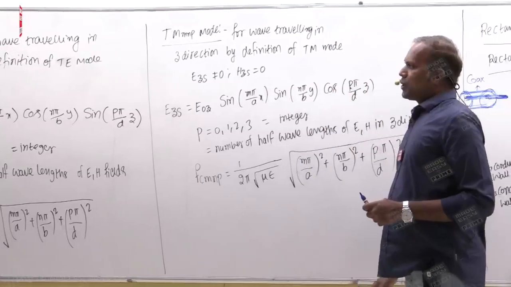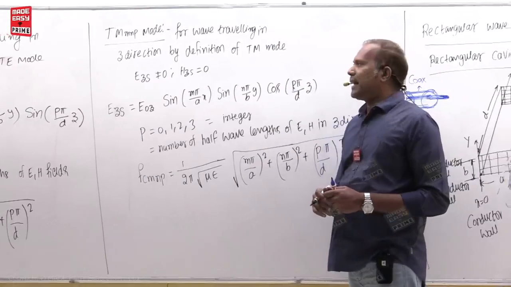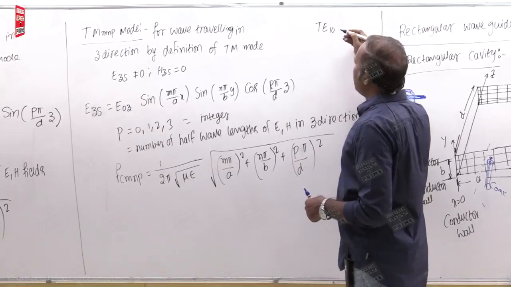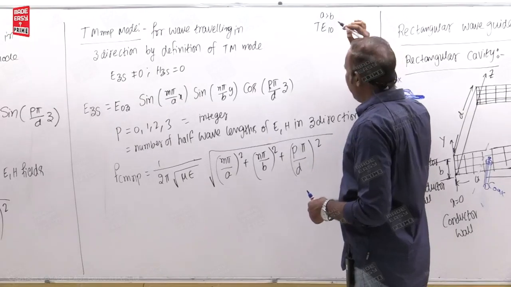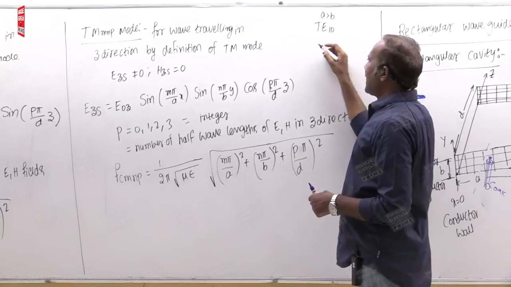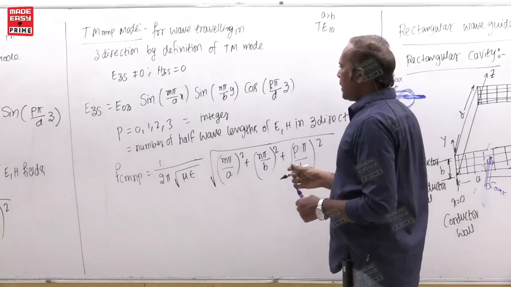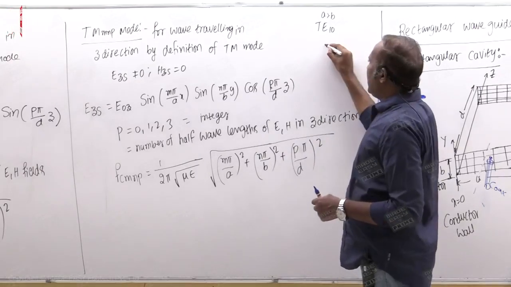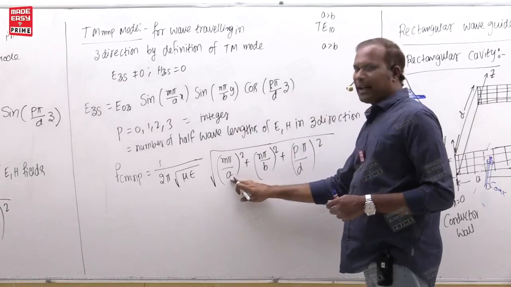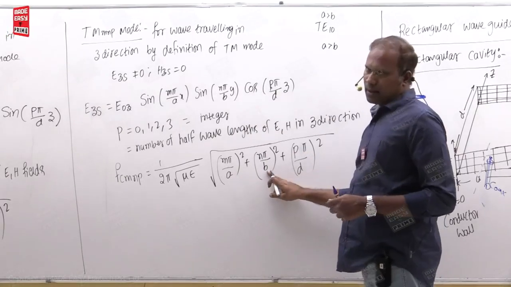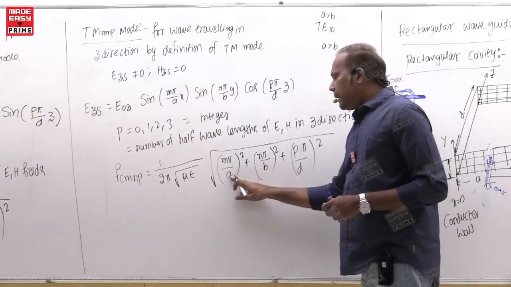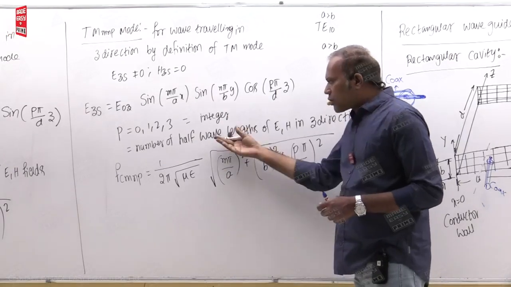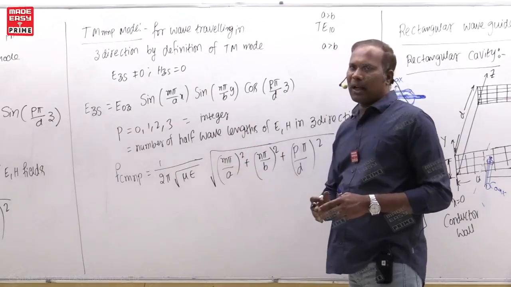Now one objective question is there. What is the dominant mode in the rectangular cavity? So here students, already TE10 is the dominant mode in rectangular waveguide for A greater than B. What is the concept of dominant mode? So this is the cutoff frequency formula. For example, A greater than B, then A is bigger, B is smaller. In the denominator, bigger value is taken, then in numerator smaller value, then cutoff frequency becomes smaller value.